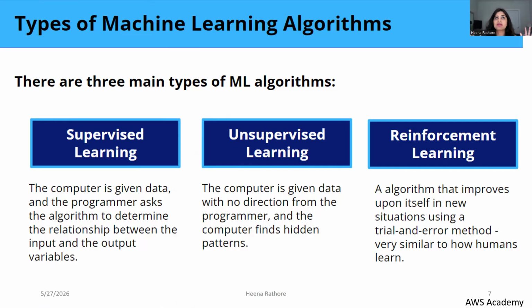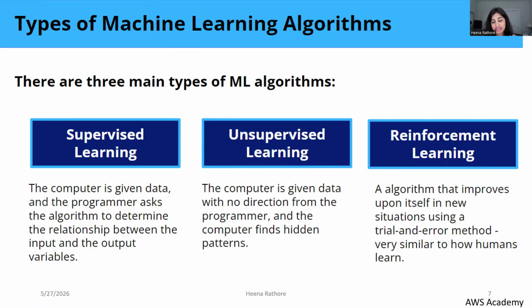Let me give you a very simple example to understand. Supervised learning is like a student with an answer key. You know that this is the question and this is the answer associated with it. Unsupervised learning is a student given a pile of documents and asked to organize them without any instruction. So what you would be doing is trying to understand the pattern and learn from it.